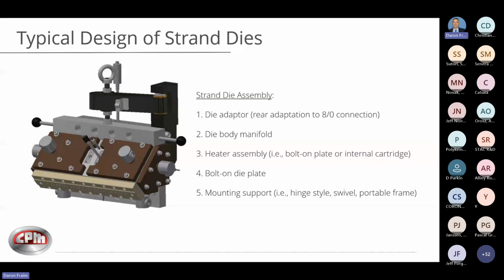Then you have the die, what's called the die body or the manifold heater assembly, then a bolt-on die plate on the very front side of that die body. There's different mounting support options, whether you do a hinge style or swivel or even a portable top frame.